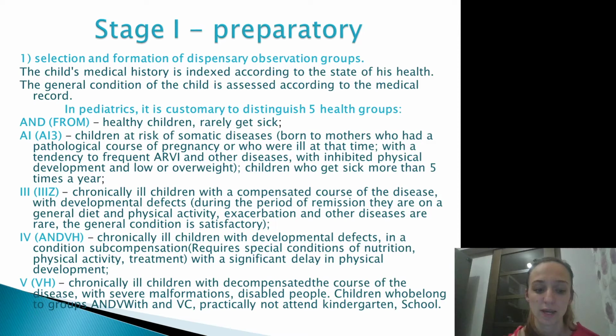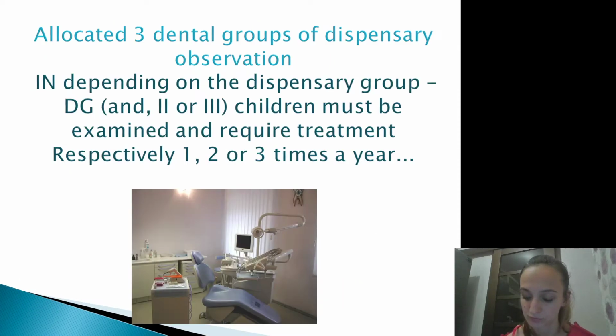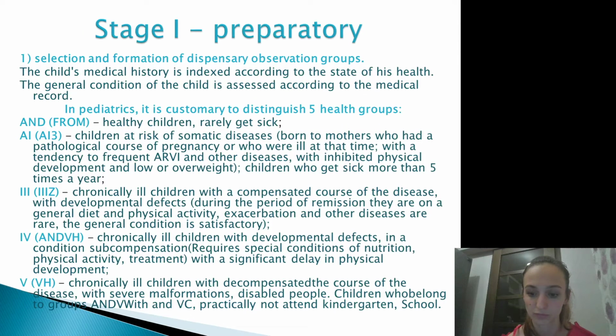And the last one is chronically ill children with decompensated course of the disease, with severe malformations and disabled people. So children who belong to these groups practically do not attend kindergarten or school.